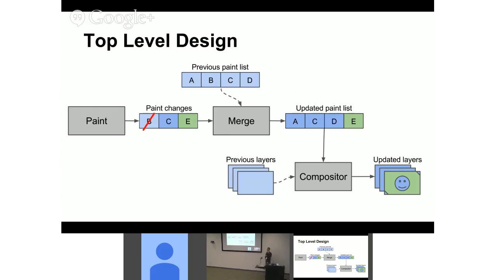There's a few things that are important in this picture. The first is that if we don't regenerate painting list items, it makes it beneficial to have long-lasting persistent IDs on these paint items, so that subsequent systems, in particular Skia or any other system, can know that this is the same thing you saw the last time. And this enables various optimizations further down the pipeline.